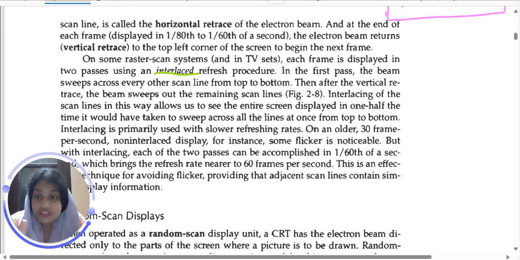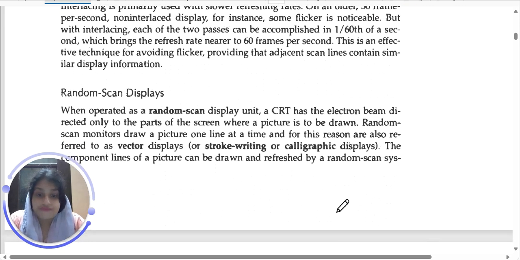The interlacing of scan lines in this way allows us to see the entire screen displayed in half the time it would have taken to sweep across all the lines at once from top to bottom. Okay, this is an effective technique for avoiding flicker, provided that adjacent scan lines contain similar display information. So we have a condition there too.